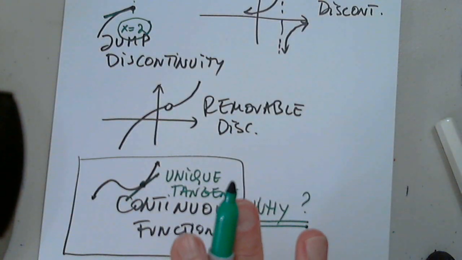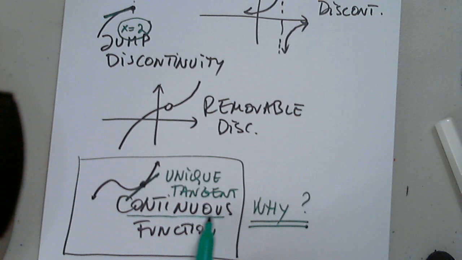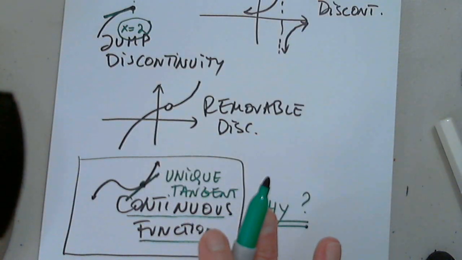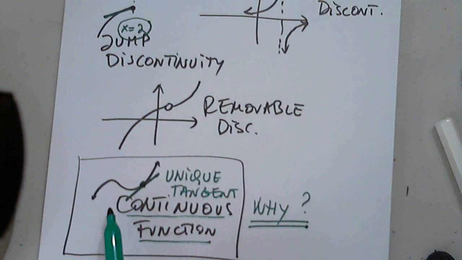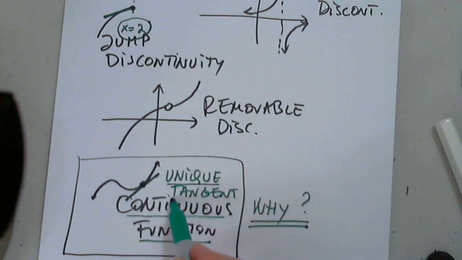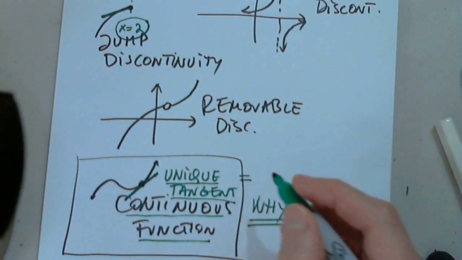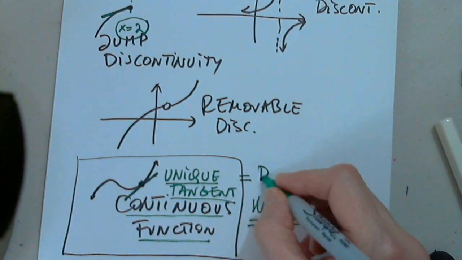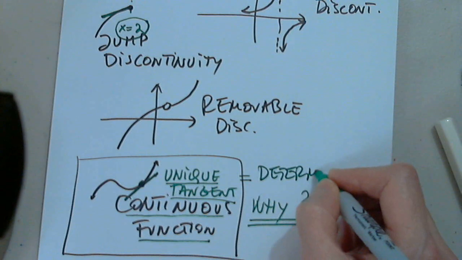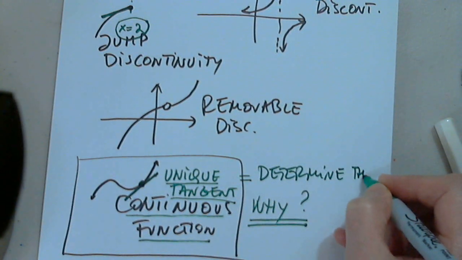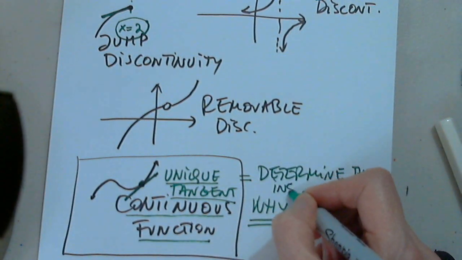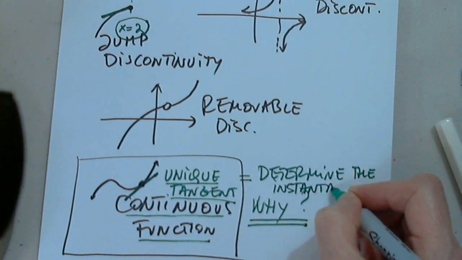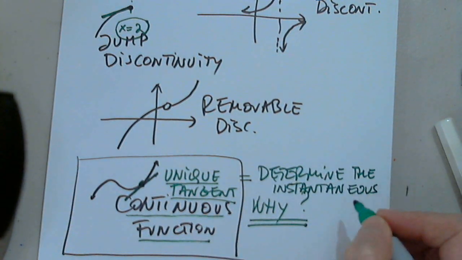Okay, so there are problems with continuous functions as well. I'll explain. But in this case, the function is continuous at this point, and it has a unique tangent, which means I can determine the instantaneous rate of change.